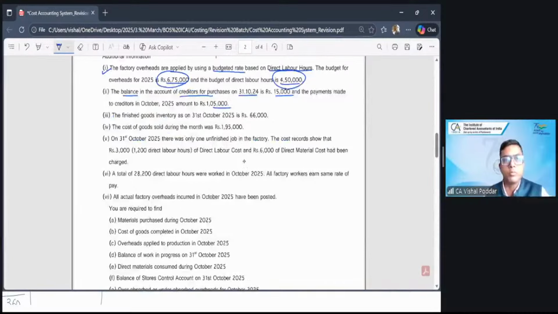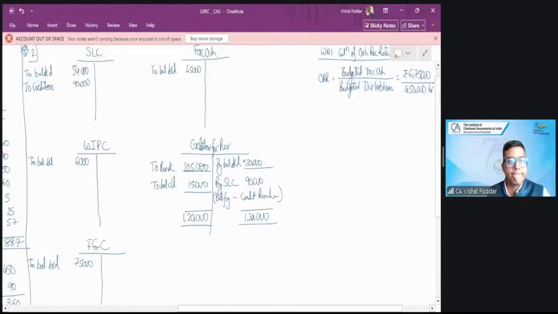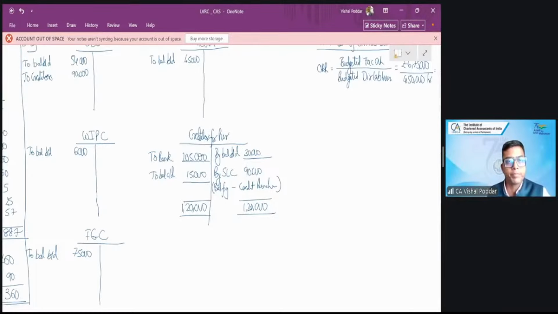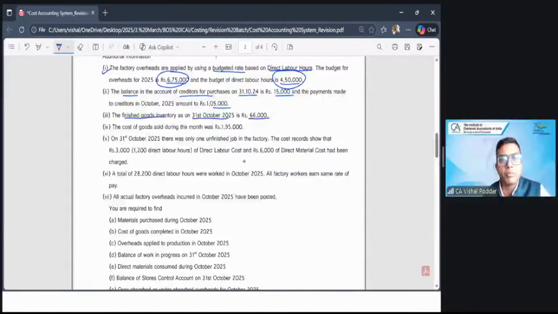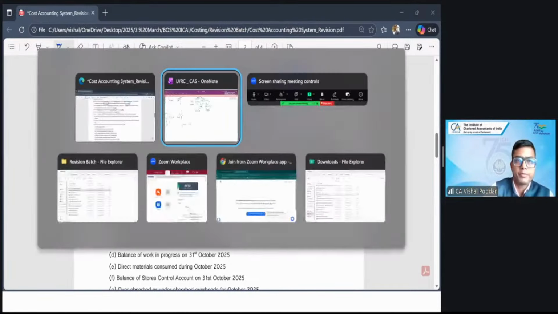Now finished goods inventory on this date is 66. Cost of goods sold is 195.